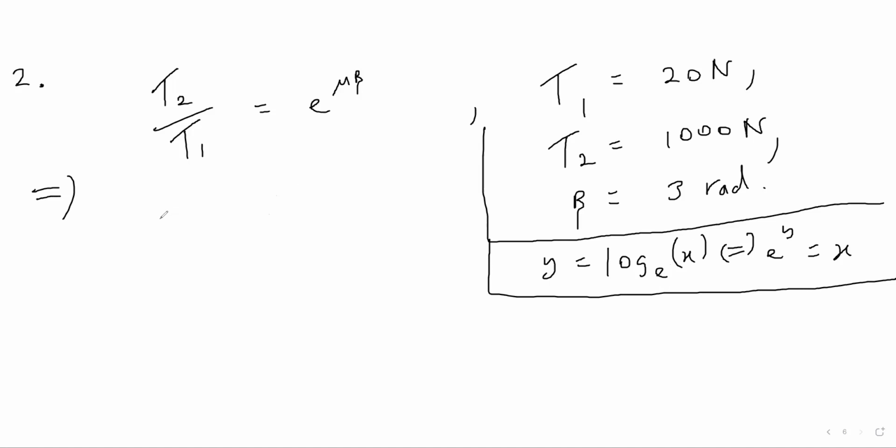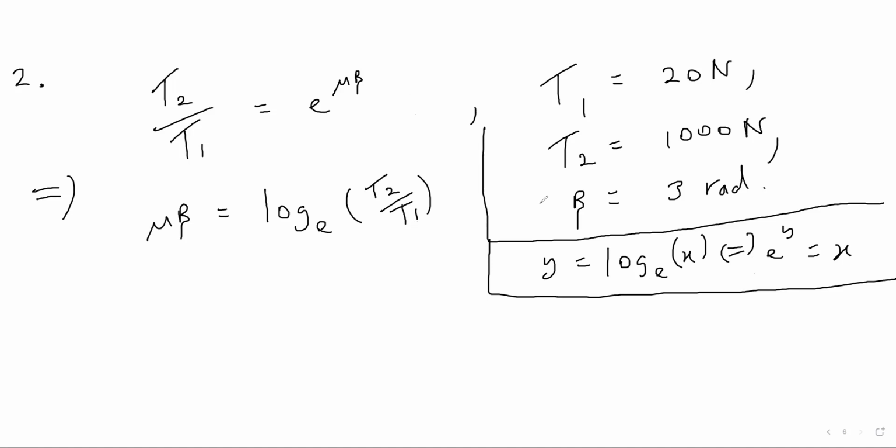It implies that mu beta, which acts as y, is equal to log E of the T2 over T1, which acts as X. So when we go from the exponential expression at the top to the logarithmic expression, using the definition, we note that the mu beta acts as y, and the T2 over T1 acts as X.